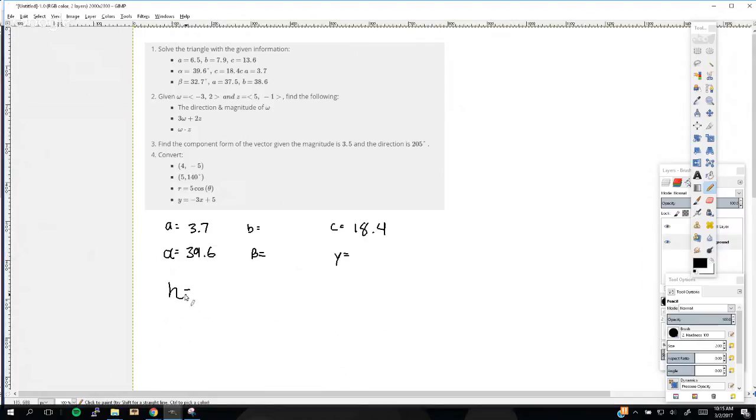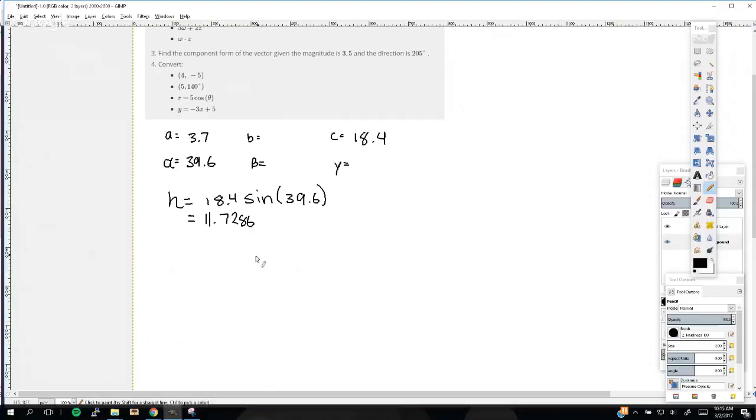So if we wanted to find our height, we would do 18.4 times the sine of alpha, which is 39.6. I got 11.72. Perfect. Yeah, that's what I got.